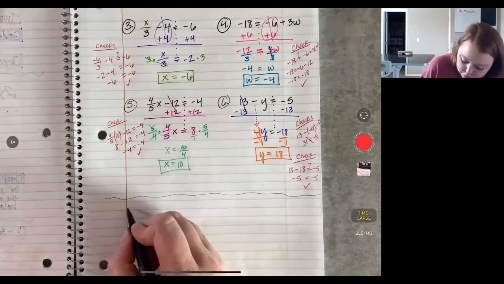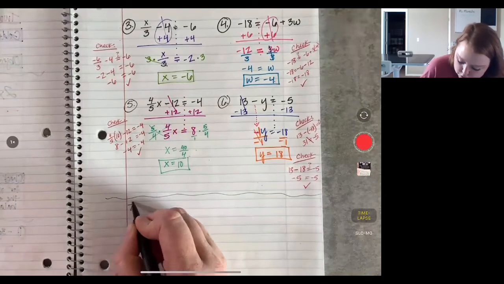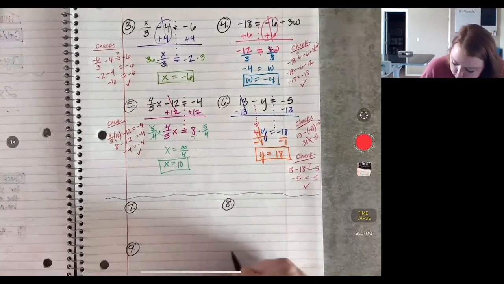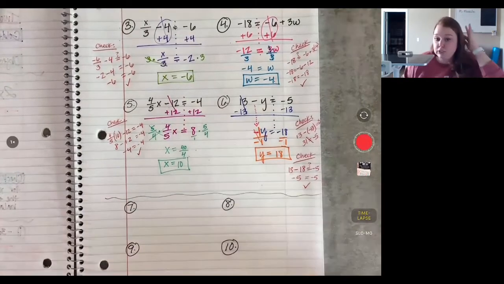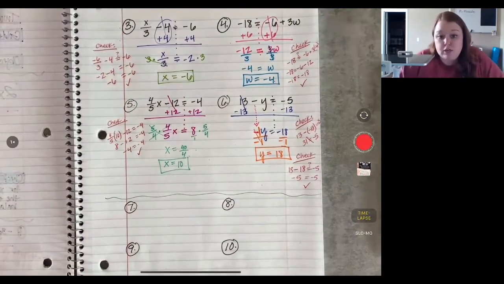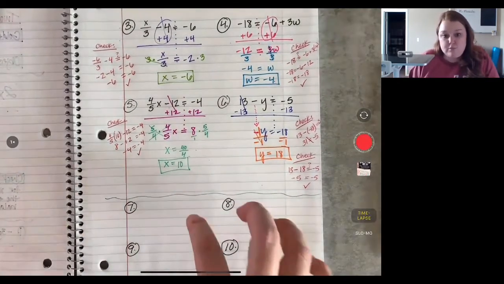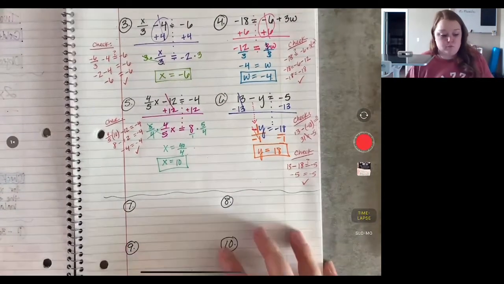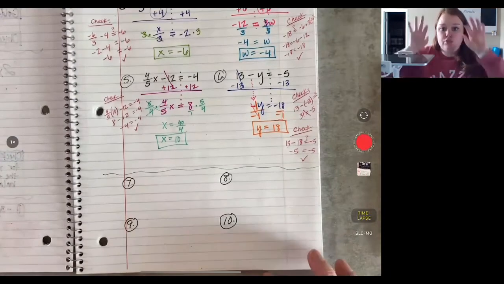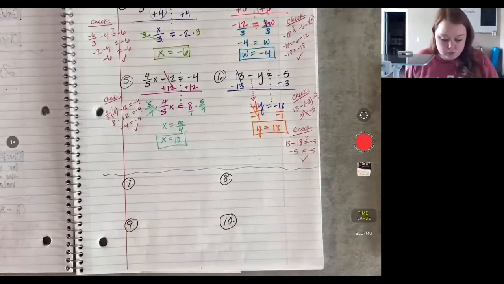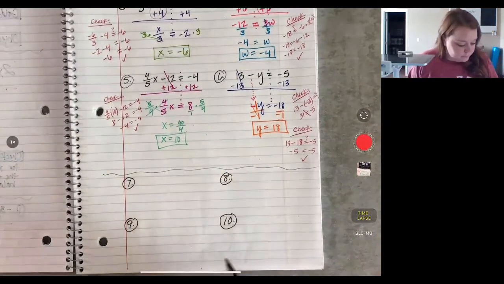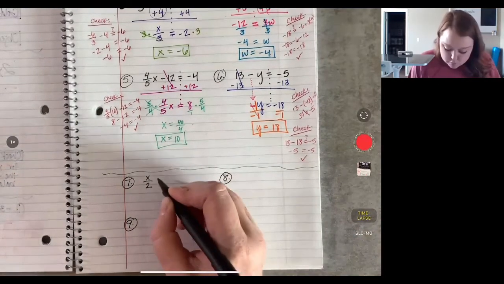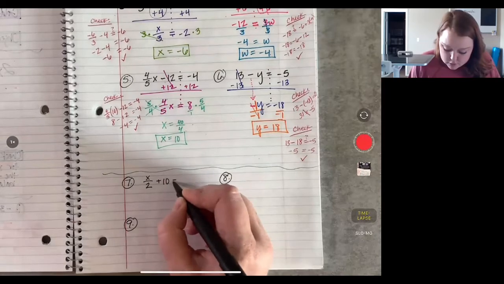So here are your problems. You're going to have 4 problems to do on your own: 7, 8, 9, and 10. Just to be crystal clear, I expect these to be done and solved before you come to Zoom. That way when I send you the entry task, you just enter in your answers. Okay, here's number 7. X over 2 plus 10 equals 3.